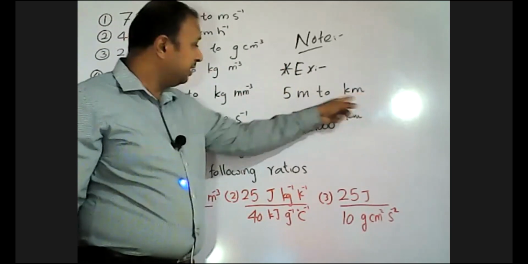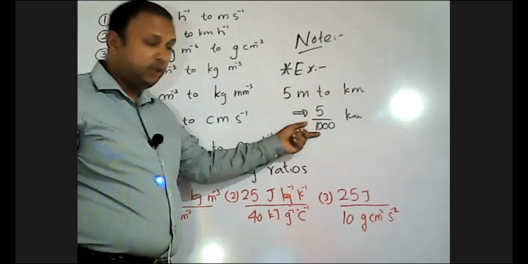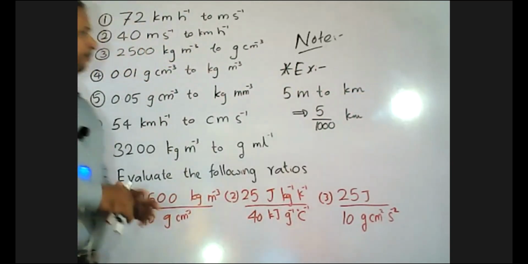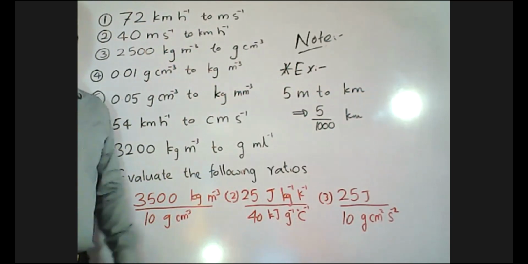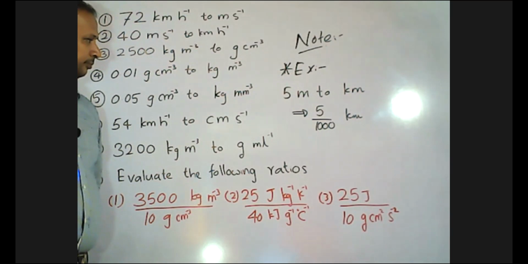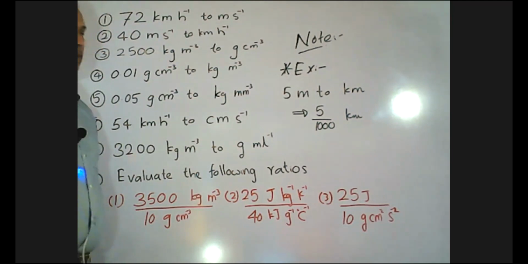The ratio of kilometer and meter is 1000. So we have to divide that by 1000. This is the example.